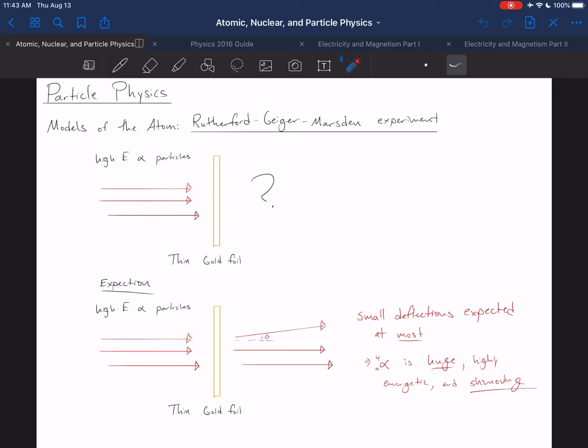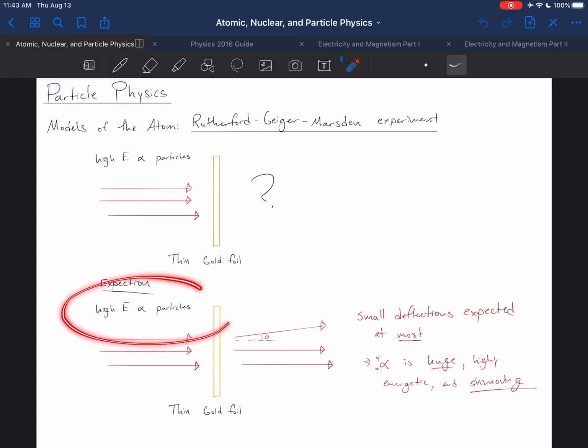So the high-energy alpha particles were taken from an alpha emitter and then accelerated through a significant potential difference and shot at this thin gold foil. Now, what was expected? Well, these high-energy alpha particles were dense helium nuclei.